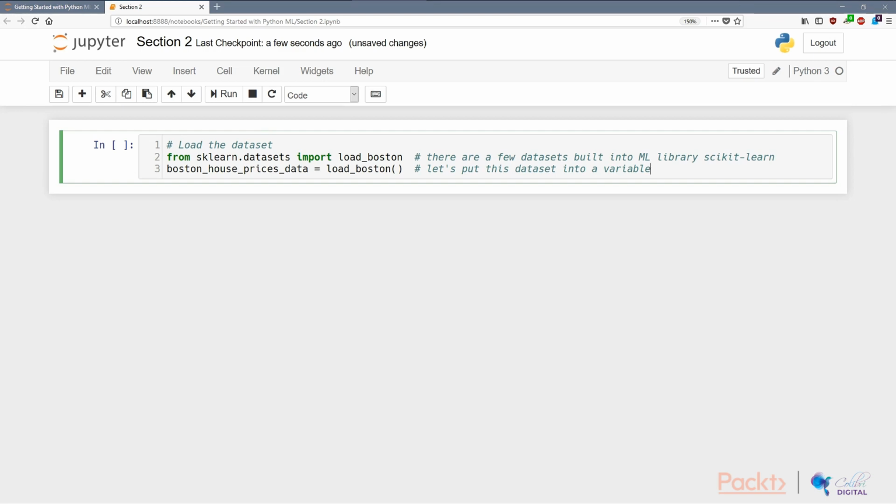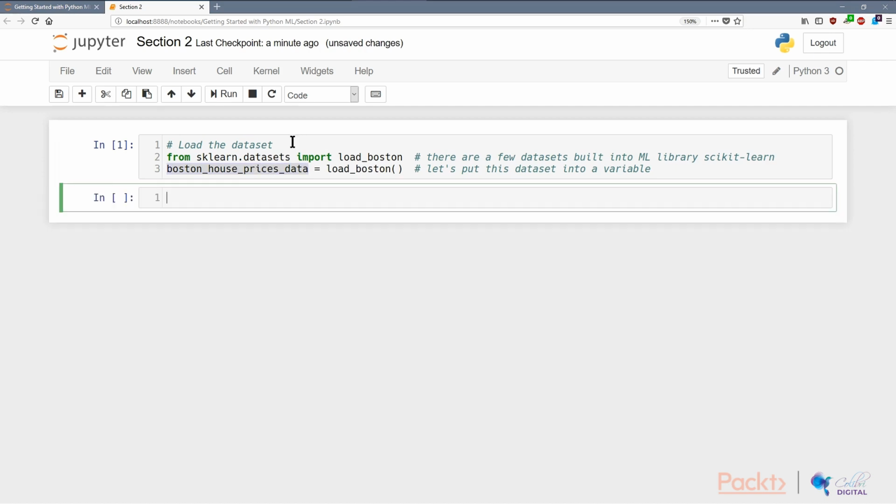I've already installed scikit-learn from the last section, and we're going to import the load_boston function from the datasets submodule of scikit-learn, and then invoke load_boston as a function and capture the returned data into a variable called boston_house_prices_data. Nice and easy.